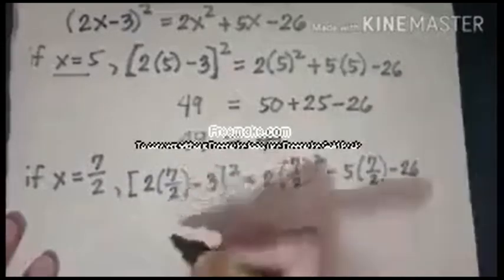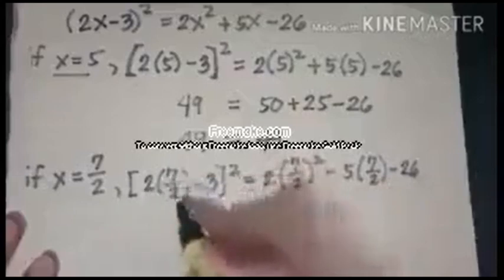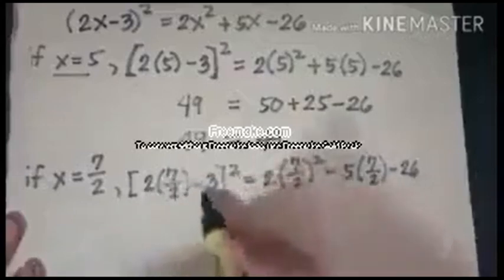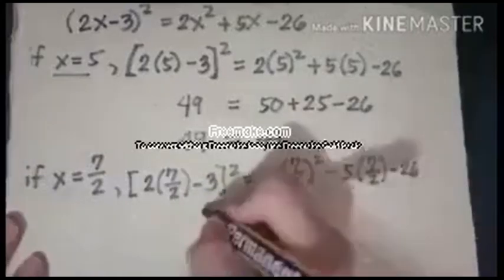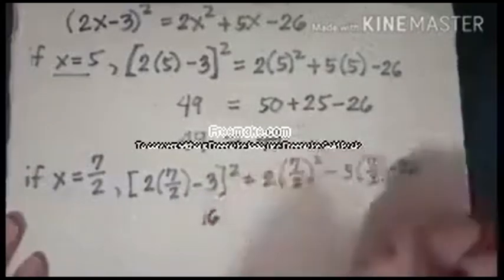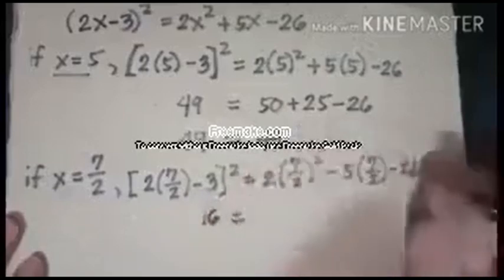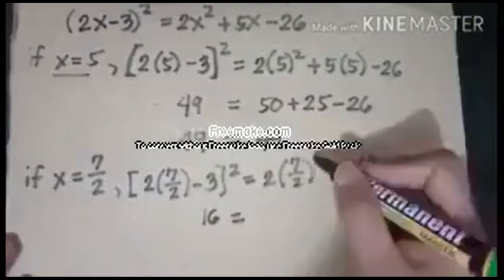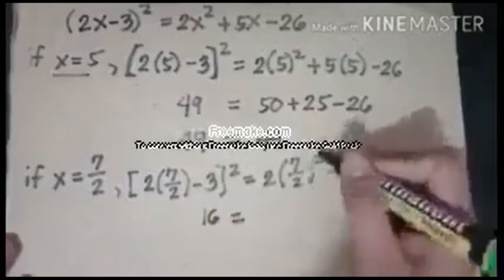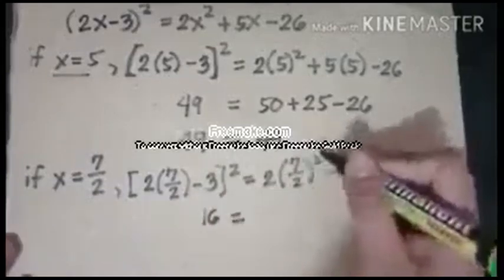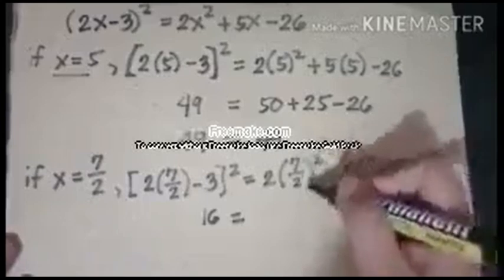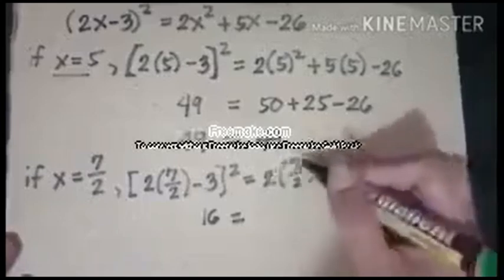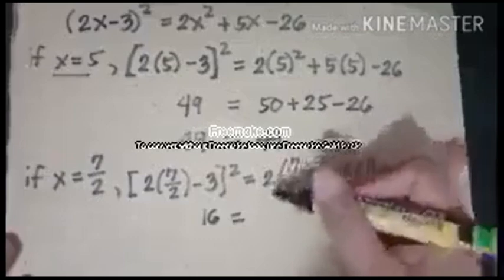Okay? So, 2 times 7 over 2 is 7. Minus 3 is 4. 4 squared is 16. So, that is equal to 2 times 7 over 2 squared. So, 7 over 2 squared is actually 49 over 2 times 2, or 49 over 4.